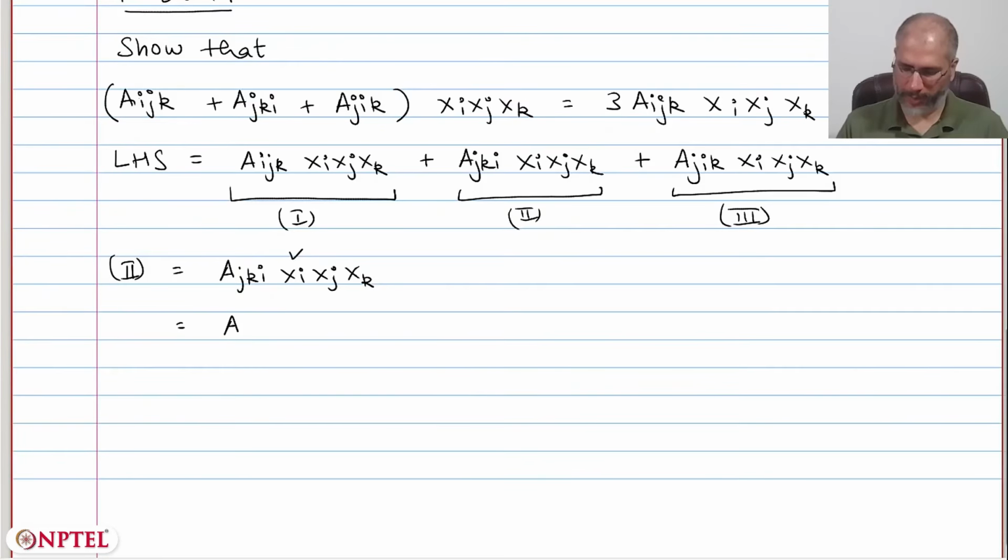So what we can see is that a has 3 indices and then we have 3 x terms with 3 indices. So the first index of a is the index of the second x, and then the second index of a is the index of the third x, and the third index of a is the index of the first x in this term. So since all these indices are dummy, they can be replaced with other indices as long as we ensure that the indices with the same color are the same.